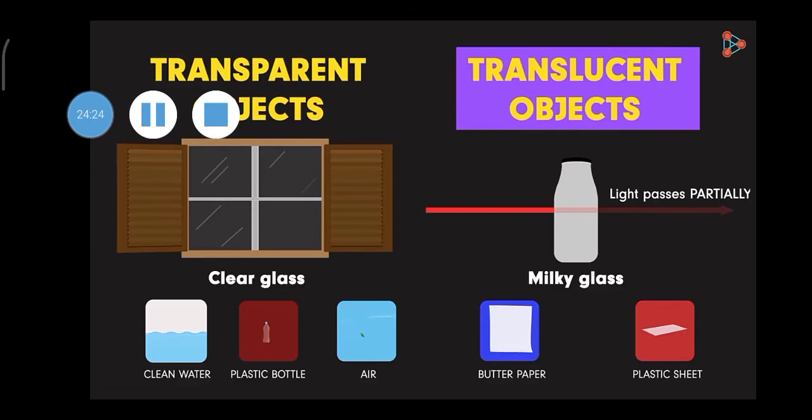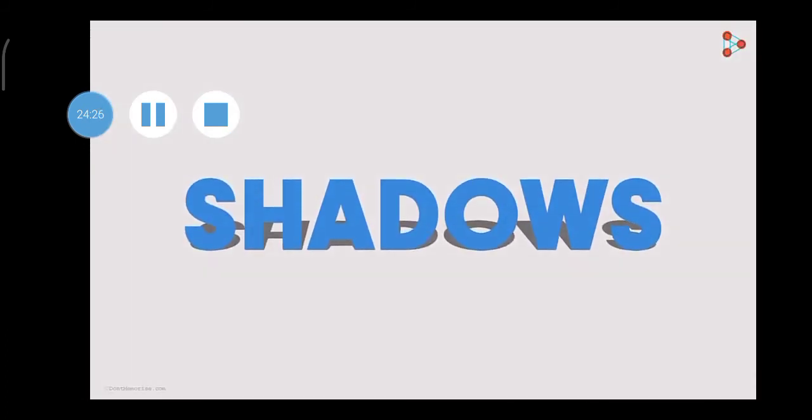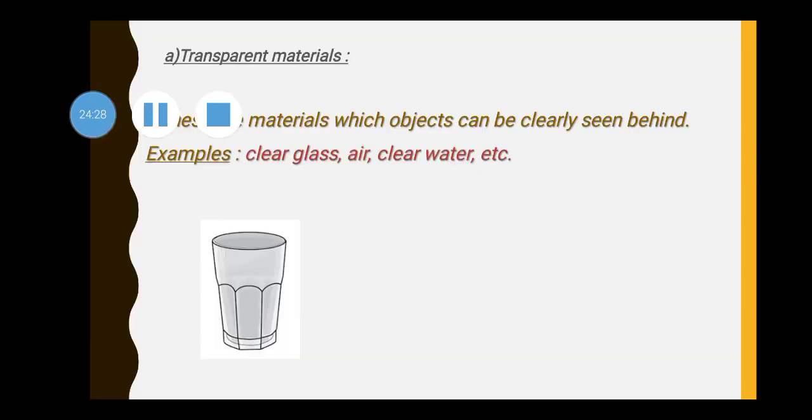In the next video, we will learn an interesting concept. As we saw in the video, we have different types of materials, which differ in their allowing of light to pass through them. So the first one we call transparent, which allows most of the light to pass through them.